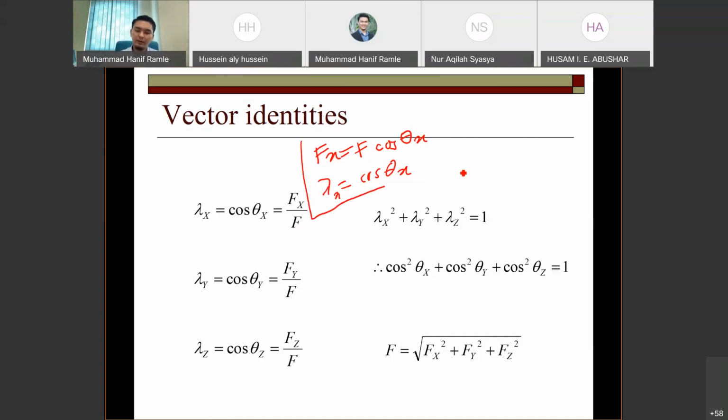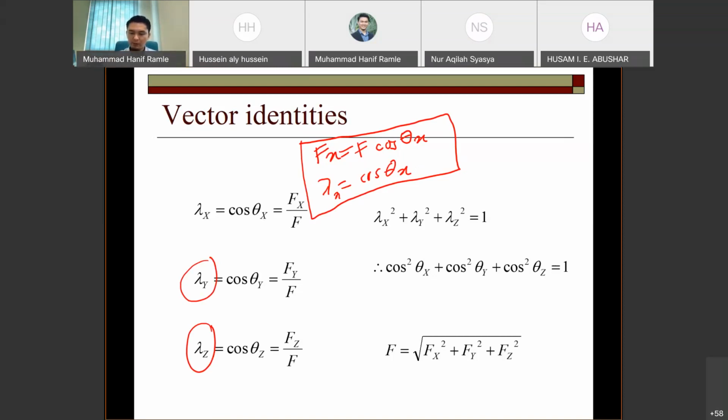I normally remember this equation, and then you can rearrange it according to the needs of the problem or the solution you have to do later on. Similarly for lambda y and lambda z. You have to know the basic equation, then you can rearrange it later on.